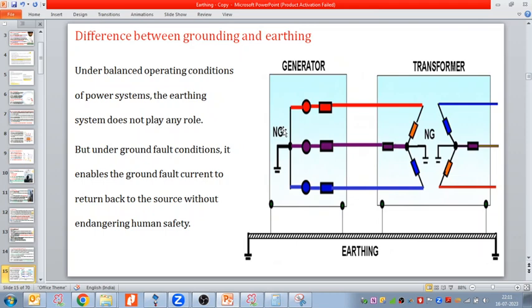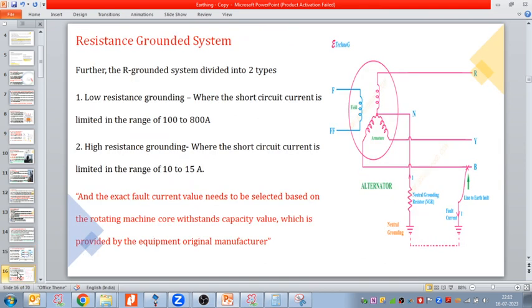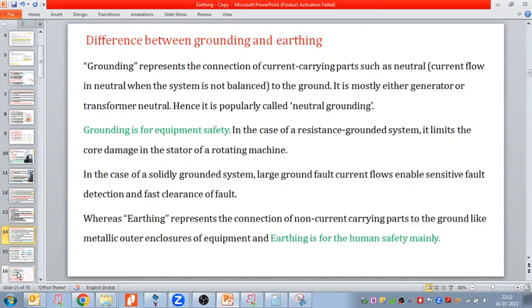In parallel, if we connect the outer enclosure metal body of the generator or the transformer to the ground, in that case we call this earthing, right? Am I clear with the difference between earthing and grounding? Okay.